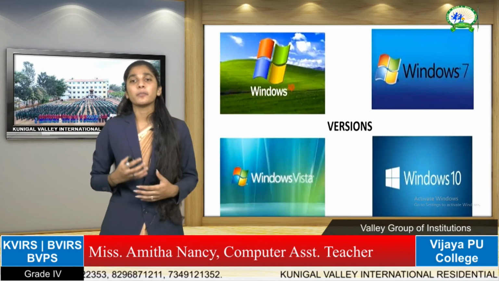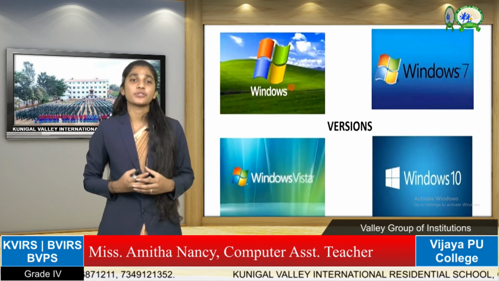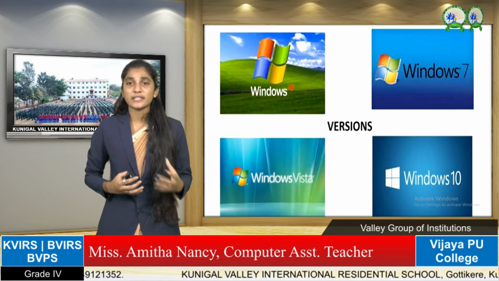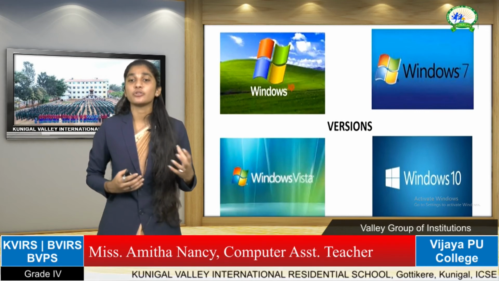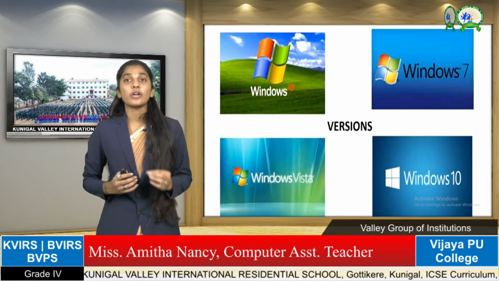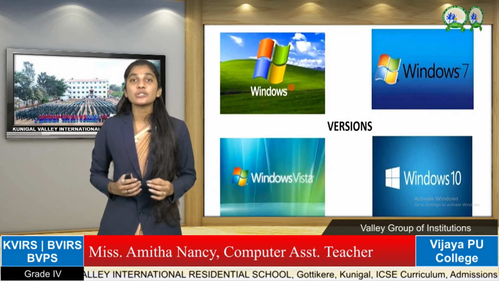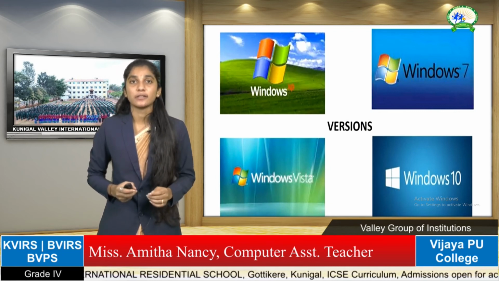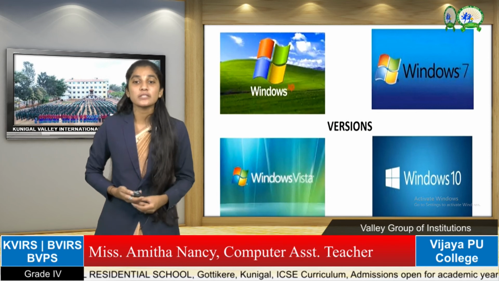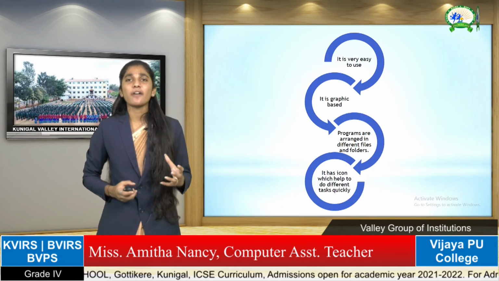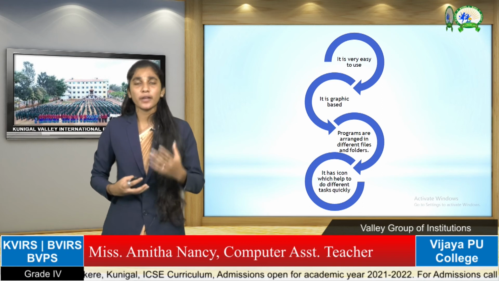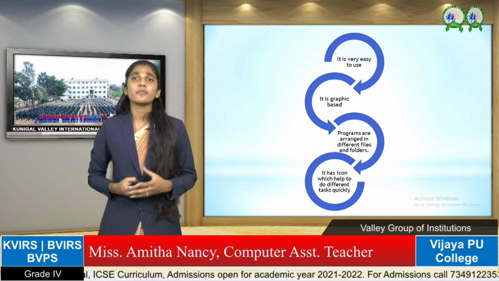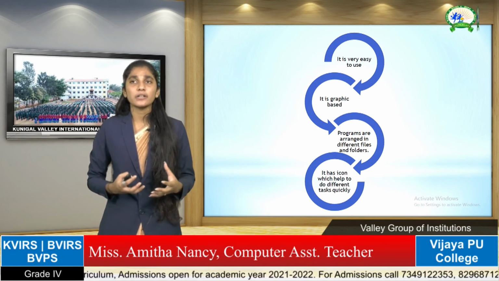Under Microsoft Windows we have different versions like Windows XP, Windows 7, Windows 95, Windows Vista and Windows 10. You have to remember that the latest version of Windows is Windows 10. Why do many laptops and computers have Microsoft as the operating system?